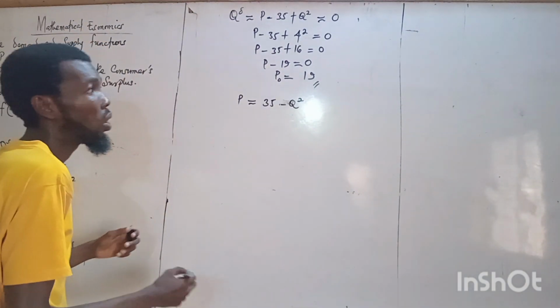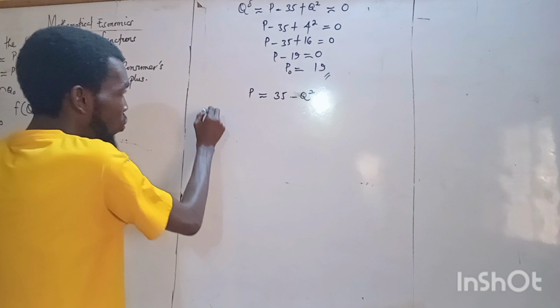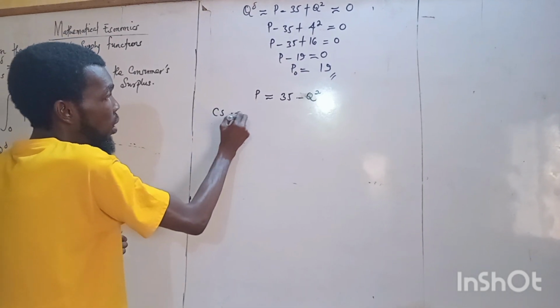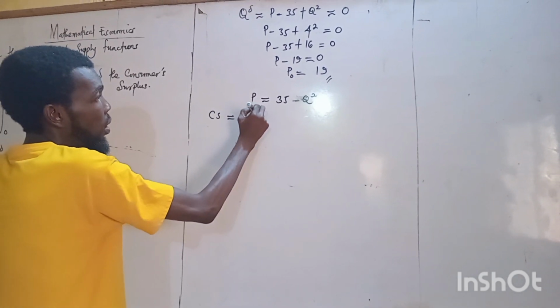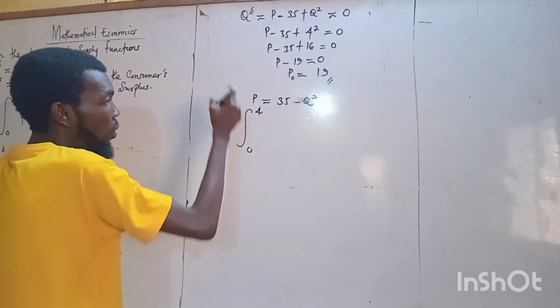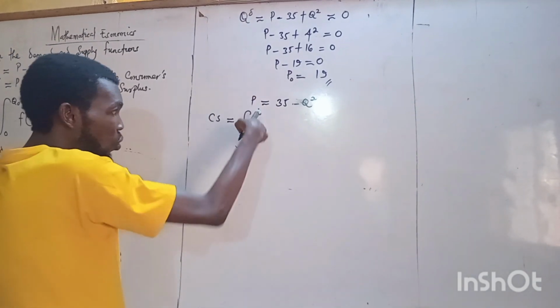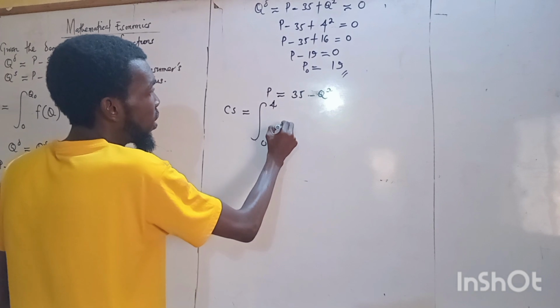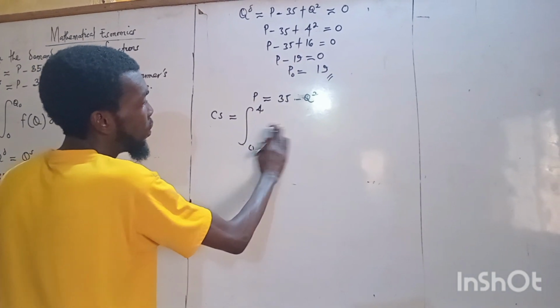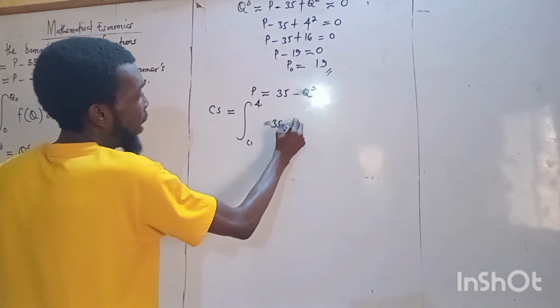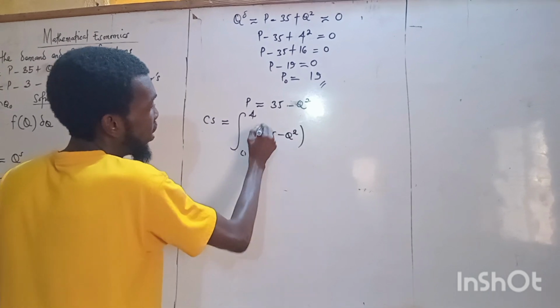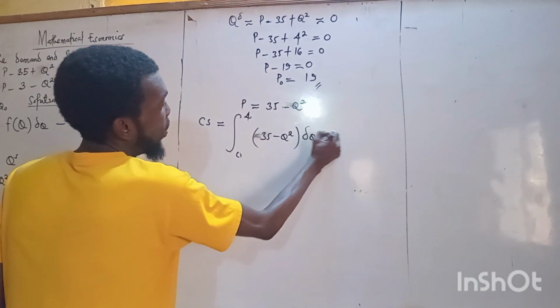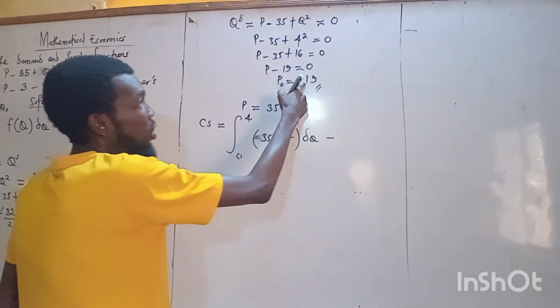So let's now write our consumer surplus formula. That is going to be the integral from 4 to 0, because it is Q naught to 0, of f of Q, which is 35 minus Q squared dQ, minus Q naught P naught.